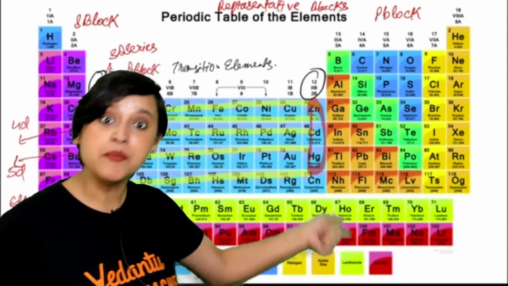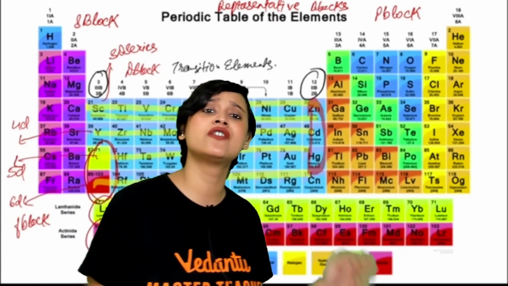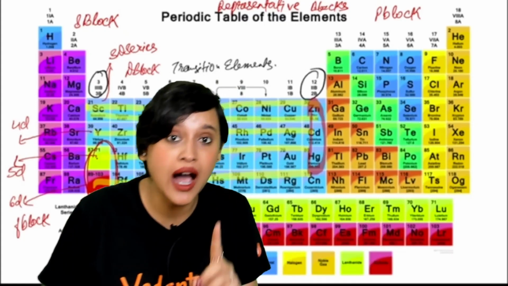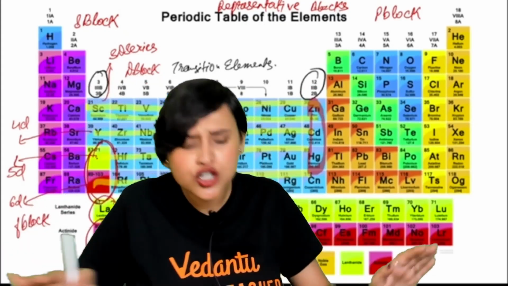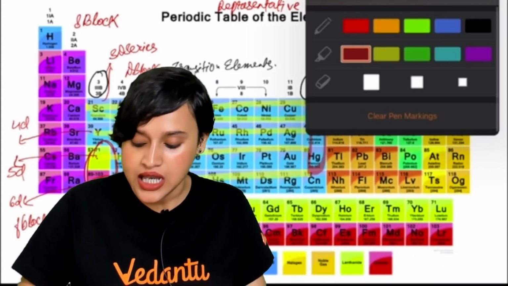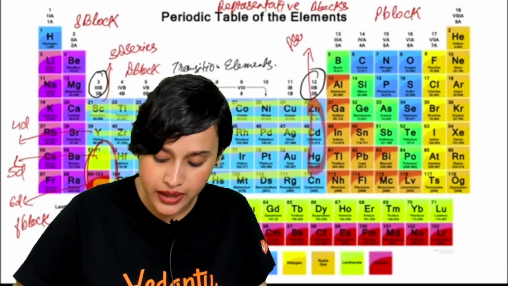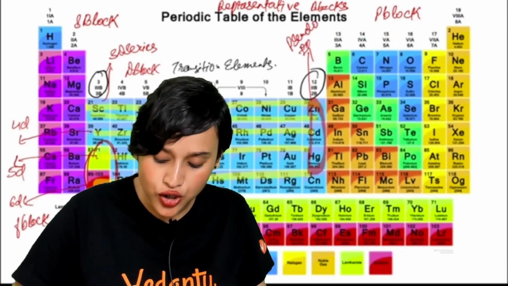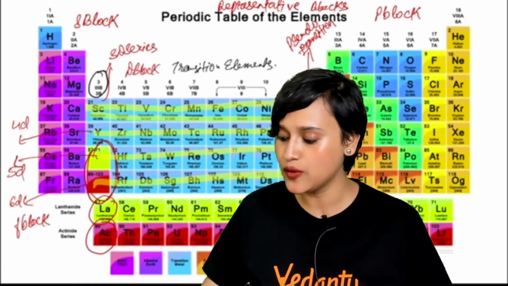And as simple ions also, they still have fully filled d orbitals, which is why zinc, cadmium and mercury are not called transition elements. Rather, they are called pseudo transition elements. Are you getting my point? Yes. What did I say just now?